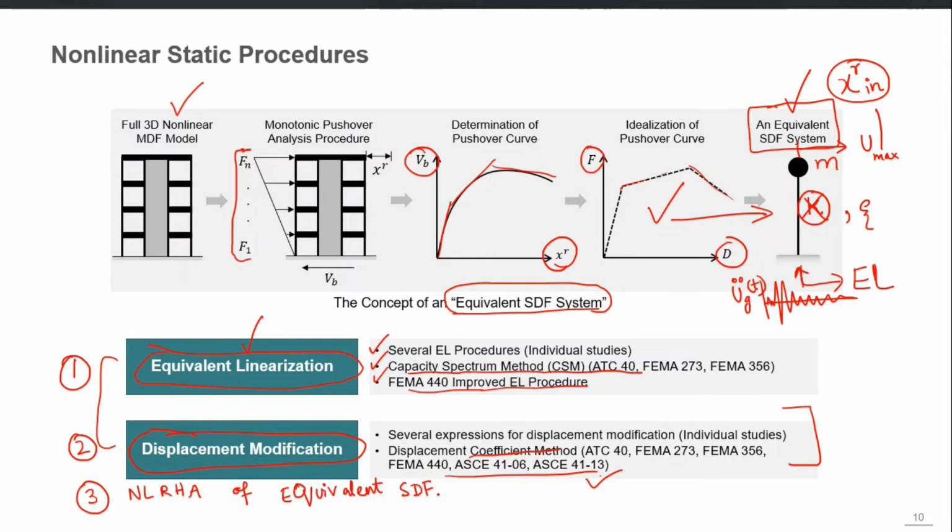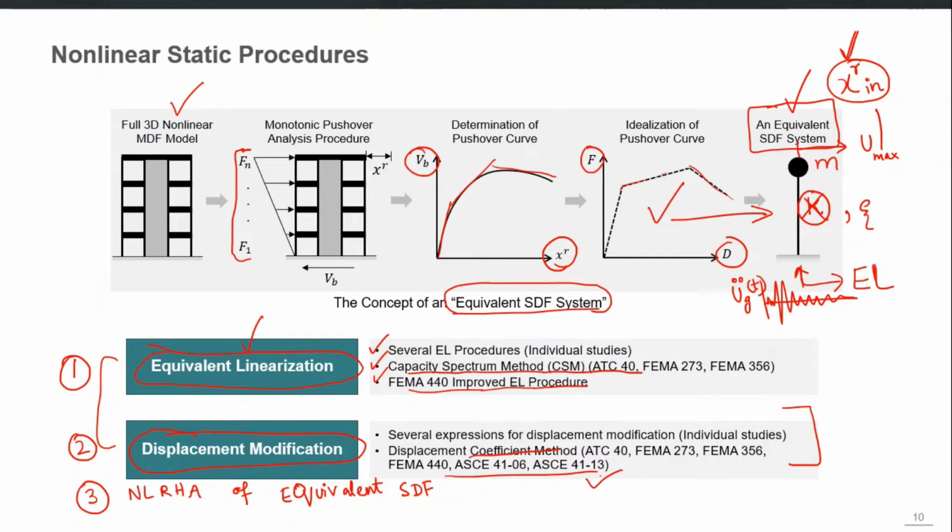Obviously, it will take significantly less time compared to the nonlinear time history analysis of the complete multiple degree of freedom system. So single degree will be solved in a matter of minutes, and then you can estimate the XRIN from this, and again come back to your pushover analysis and extract all the responses when your roof displacement was equal to this XRIN, the maximum displacement produced by your ground shaking.